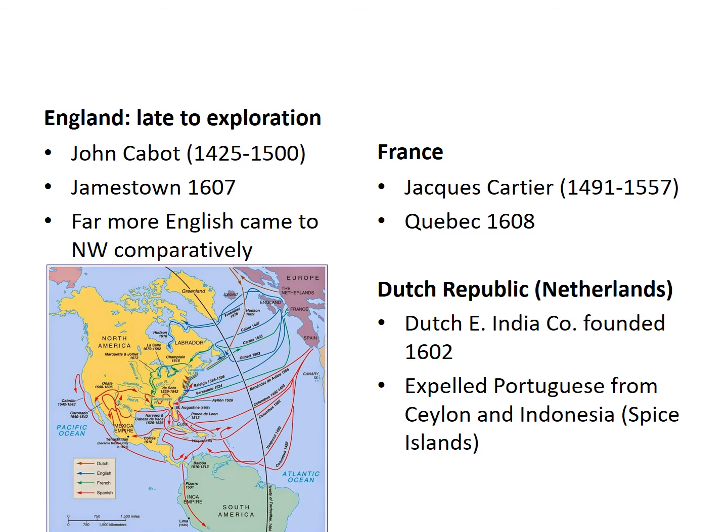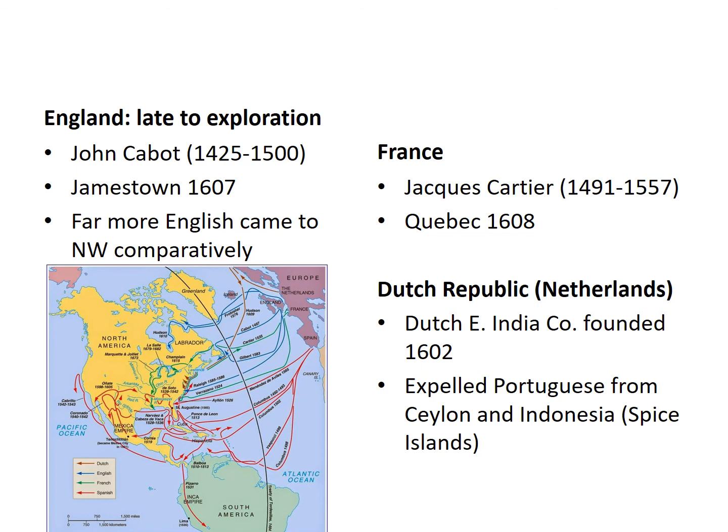And then after that, far more English came to the northwest compared to the Spanish going into the southern parts of the New World. As we know, the Spanish had already laid claim to Florida, but eventually the British will get a hold of Florida. Then it'll go back to Spain, and of course, then it will become part of America after the American Revolution.